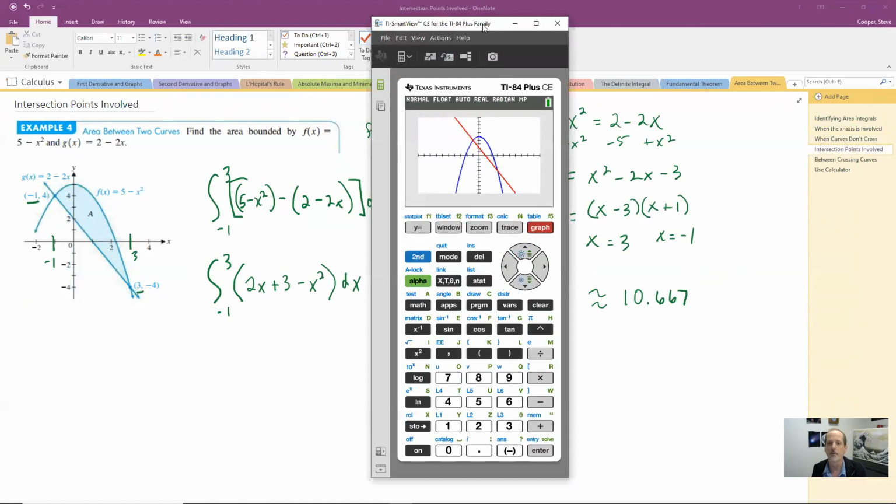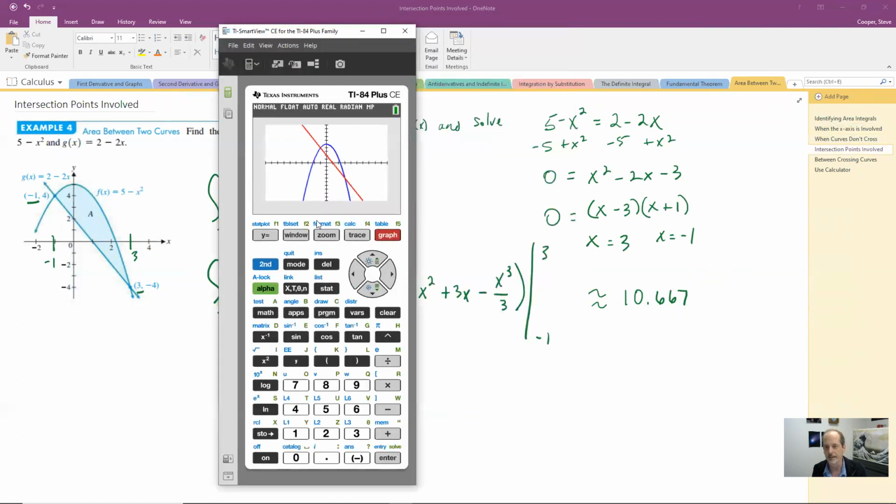We do have some more power in the calculator to find the intersection points for us. You have to go to second calc, and option 5 says intersect.